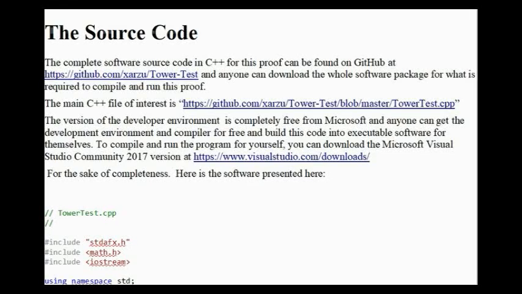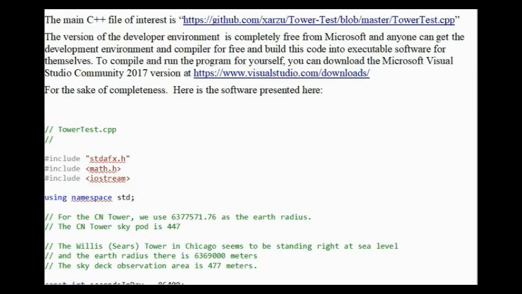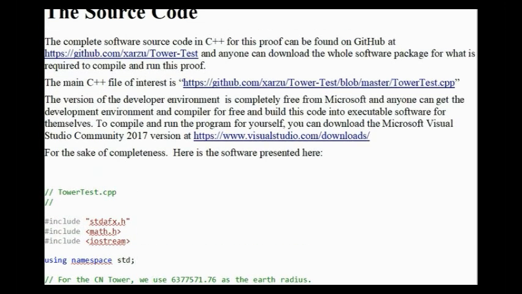The main C++ file of interest is at https://github.com/zarzu/tower-test/blob/master/towertest.cpp. The developer environment is completely free from Microsoft, and anyone can get the development environment and compiler for free and build this code into executable software for themselves.